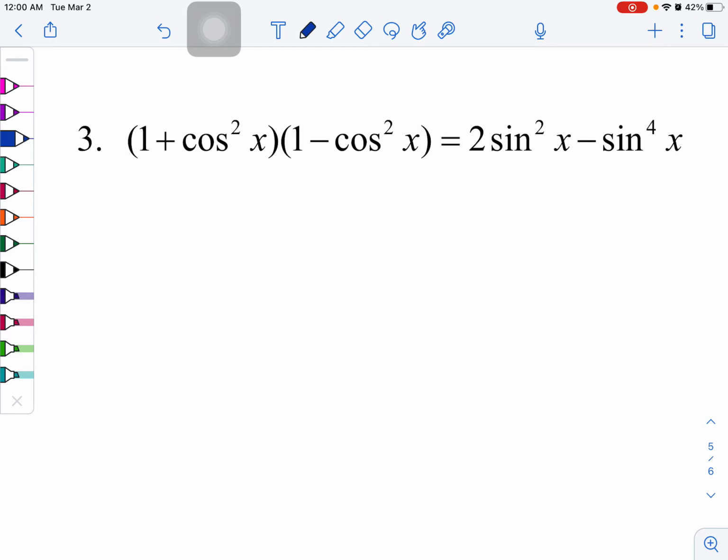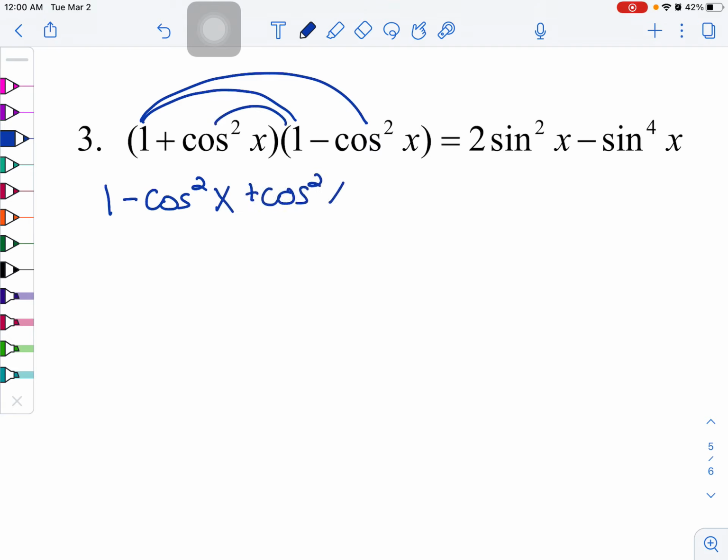Ooh, this one's looking a little bit weird. Okay, so if I multiply this out, let's see what happens. So 1 times 1 is 1 minus cosine squared x plus cosine squared x minus cosine to the 4th x.